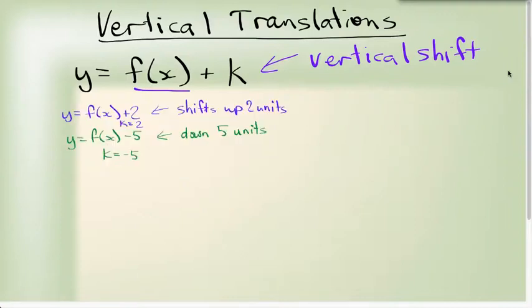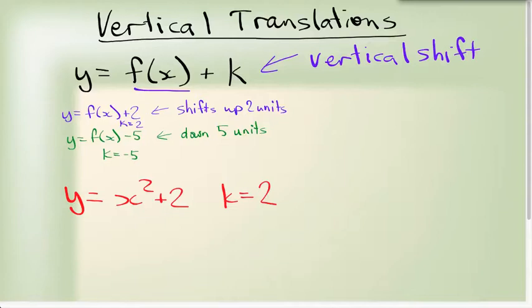If you remember from when you were drawing parabolas, you can come up with an equation like y equals x squared plus 2. Well, all that is your standard x squared parabola shifted up 2 units because the vertex is now at (0, 2). In this case, k still equals 2, so it's a vertical shift. It's moved up 2.